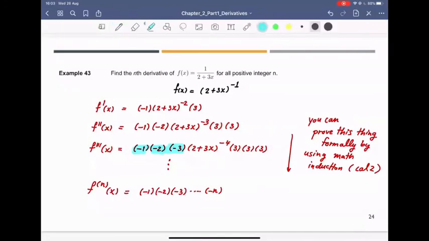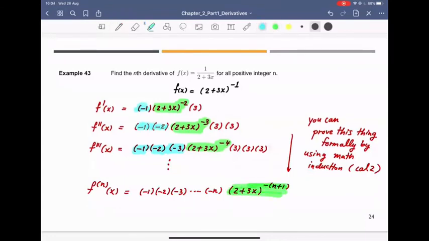And then your (2 plus 3x) to the negative 4 here. If you differentiate 1 time, you get (2 plus 3x) to the negative 2; 2 times, you get (2 plus 3x) to the negative 3. So n times, you should get (2 plus 3x) to the negative (n plus 1).